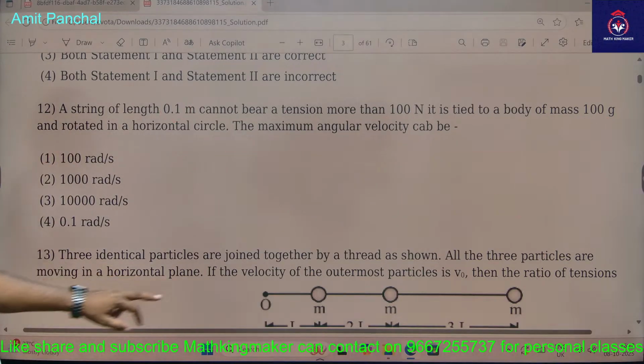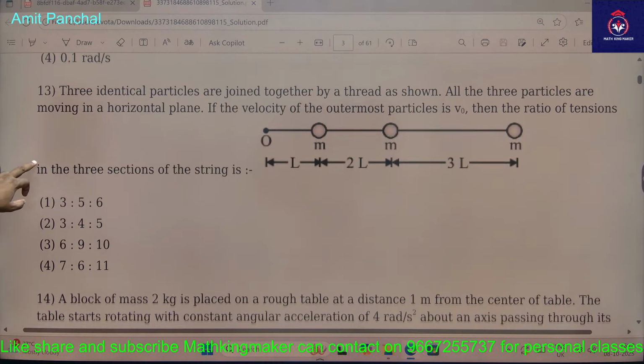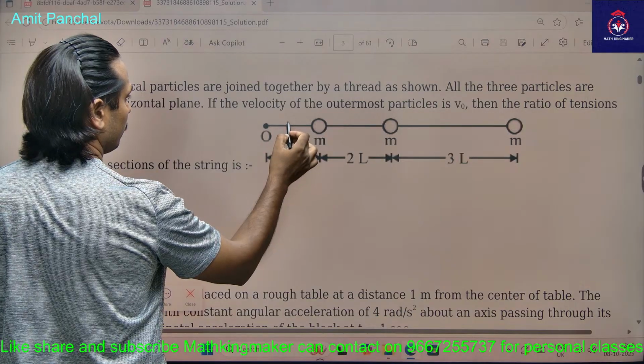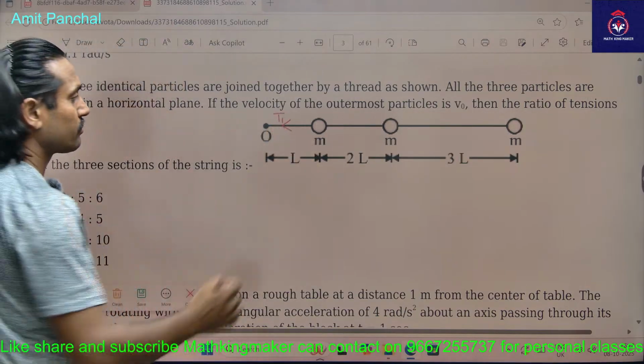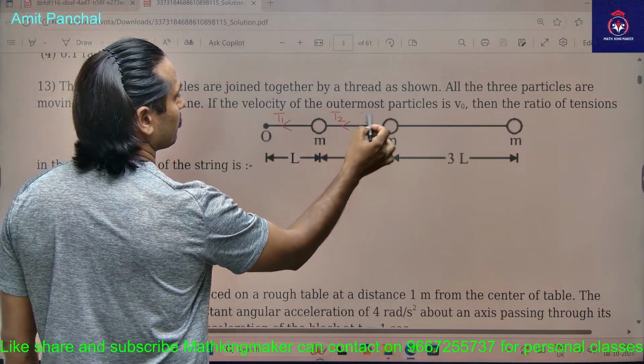Now do 13th question. For your ease, that will be T1. T2 will be here and here.